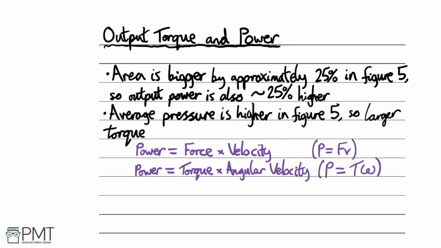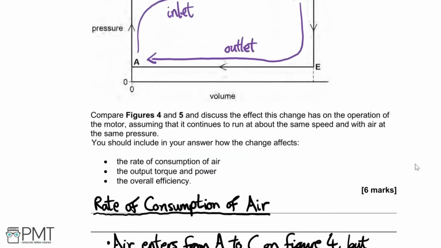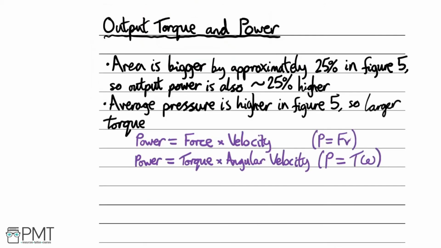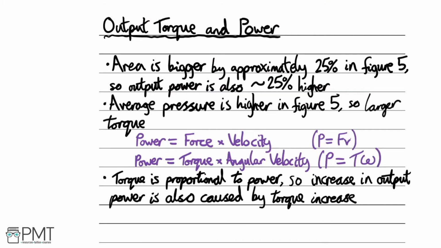So by holding the angular velocity the same, because as you can see it runs at the same speed, which is important, increasing the torque will then mean that the output power is going to be greater. But that only works if angular velocity remains the same. So that's everything that we need for output torque and power.